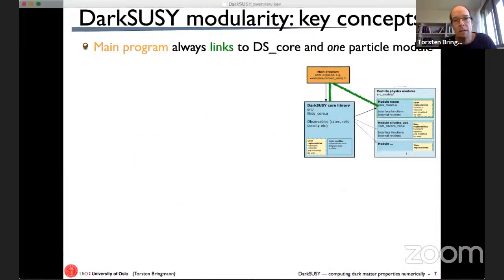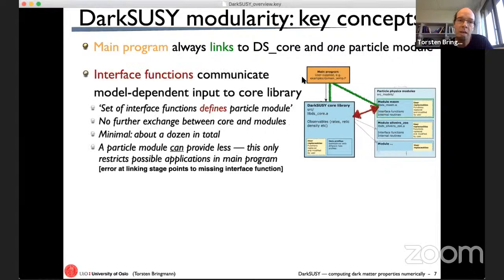Okay, so key concepts for this modularity that I refer to. The first thing is something that I've already said. So the main program, the thing that you actually want to use, the thing that you will learn how to write, links to the core and one of the given particle libraries. And then a main concept for how this setup works are interface functions.